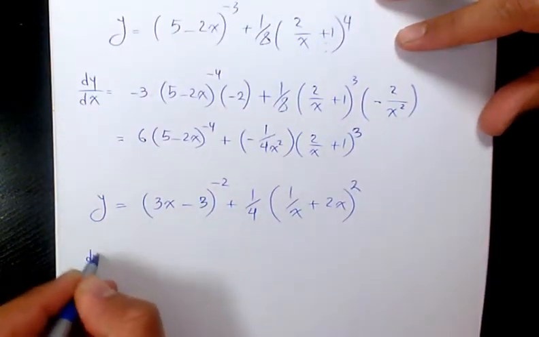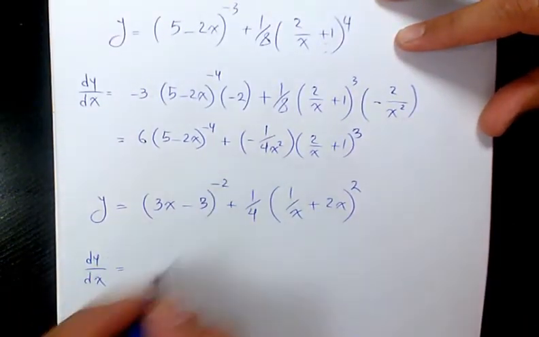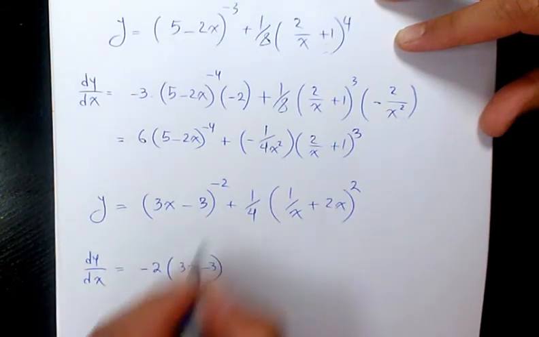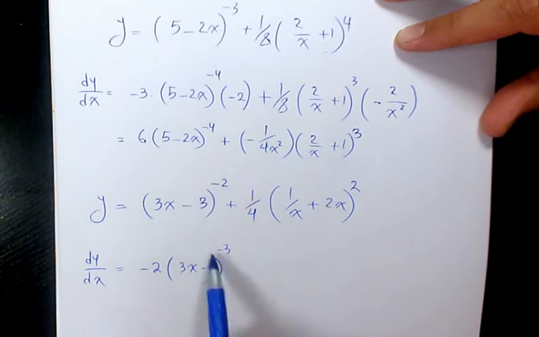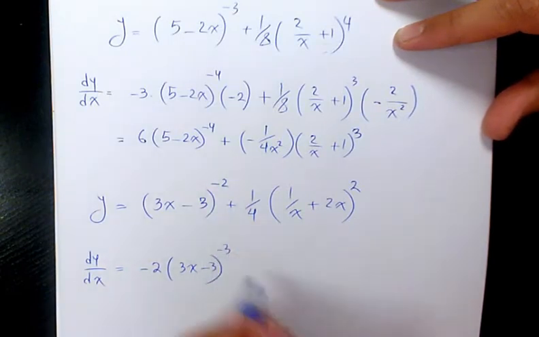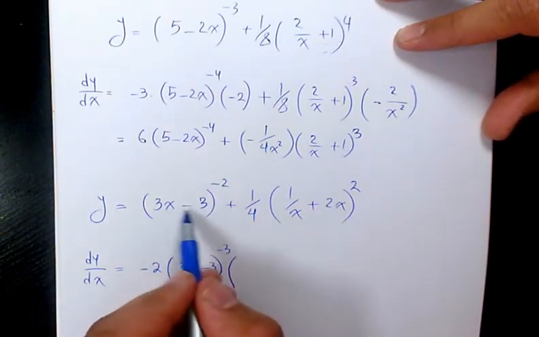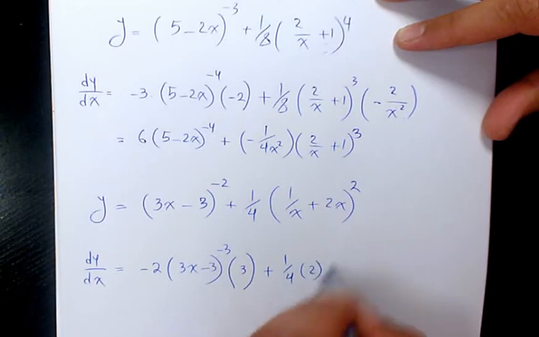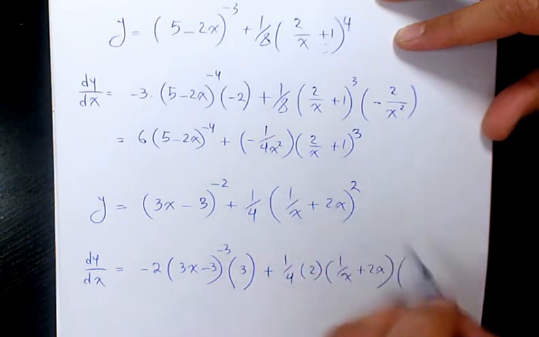So dy over dx will be negative 2 times (3x minus 3) to the power of negative 3, because that's going to be negative 2 minus 1, which is negative 3, times the derivative of 3x minus 3, which is 3, plus 1 over 4 times 2 times (1 over x plus 2x) to the power of 1 times the derivative of 1 over x plus 2x, which is negative 1 over x squared plus 2.